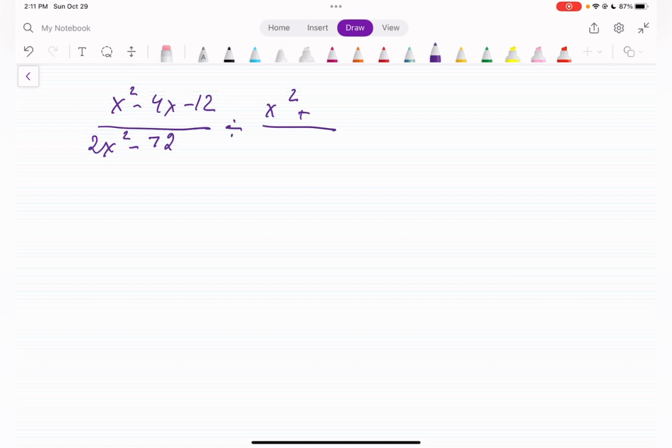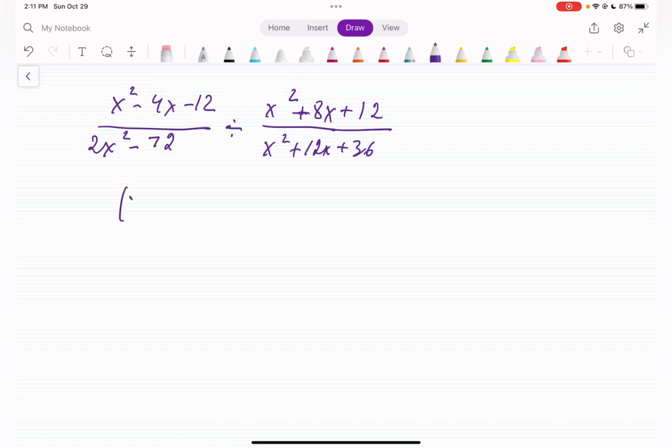X squared plus 8x plus 12 over x squared plus 12x plus 36. All right, so what are we doing here? X squared minus 4x minus 12. Can I FOIL it?